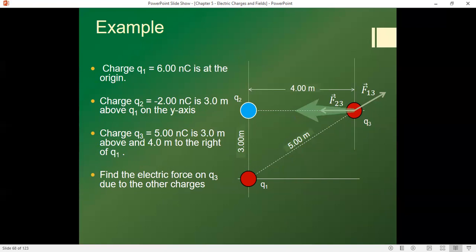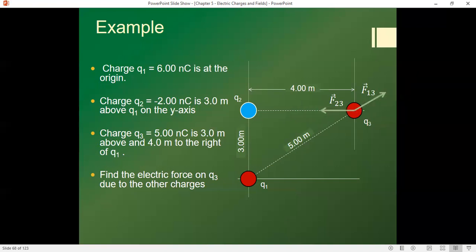Why is it pointing in the negative X direction? Well, we know it points in the negative X direction because we have a negative charge and a positive charge. The force is attractive. So we imagine Q3 being pulled toward the negative charge, okay? Now we look at the force on 3 due to 1. It's a repulsive force. So the force is going to be off in this direction, pointing away from Q1. It's going to be pointing off at an angle.